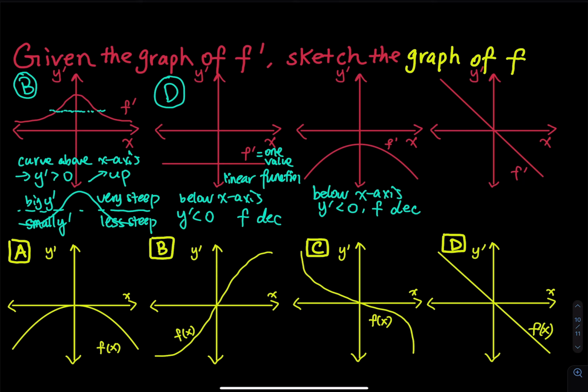And then what else? If you cut this up like that, do we agree that the pieces closer to the x-axis have smaller y prime? The pieces far away from the x-axis have a bigger y prime.